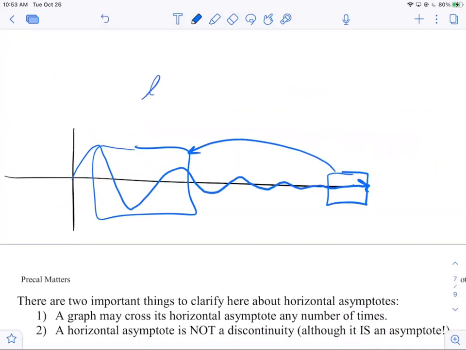So we would say in this case, the limit as x goes to infinity, let's call this function f of x, we would say that it equals 0, okay? Because we do know in the end where the y values are tending. They're tending towards 0. And by definition then, this would also have then a horizontal asymptote at y equals 0.